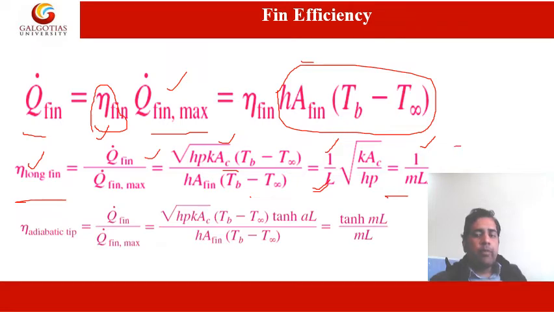It can be further simplified as 1 upon m into L, where m is equal to under root hP upon KAc. So this is the value of m.